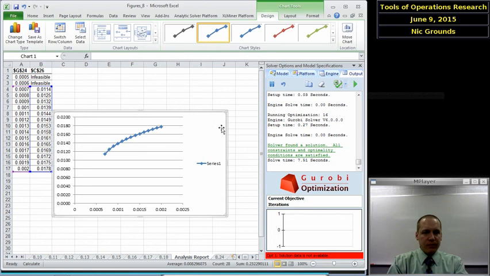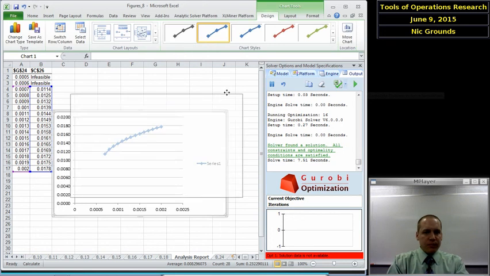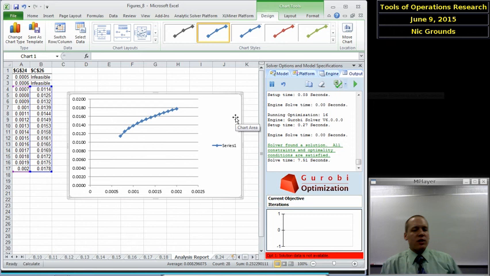Let's do that one there. And this is the chart I was talking about, which in portfolio investment circles is known as the efficient frontier.